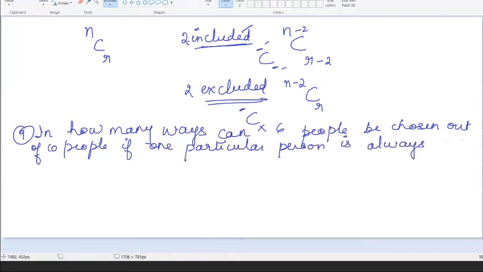One particular person is always included. Underline the word included. That will give you the idea. So included means what do I have to do? From both I have to subtract.